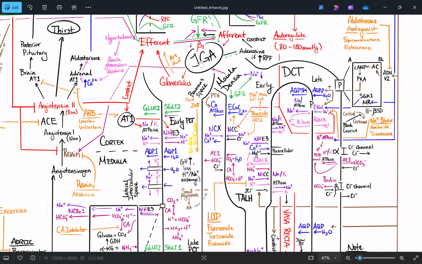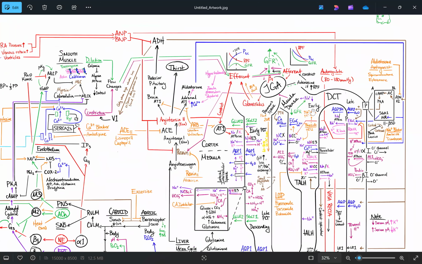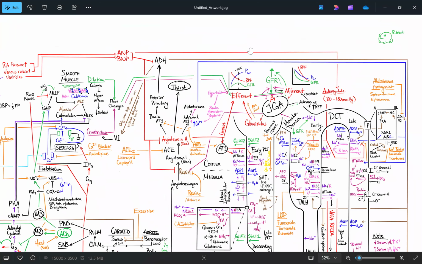Let me think, what else? If you zoom out just a little bit and go up to the top, so we can see the relationship of the brown and blue lines. ADH will bind to ADH V2, which will increase your favorite pathway of AC to cAMP to PKA.